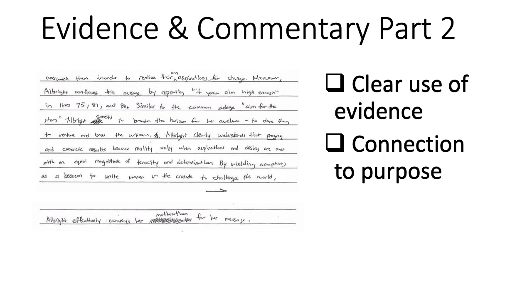"Albright clearly understands that progress and concrete results become reality only when aspirations and desires are met with an equal magnitude of tenacity and determination. By wielding anaphoras as a beacon to unite women in the crusade to challenge the world, Albright effectively conveys her motivation for her message." And so once again, before we even get to the evidence and commentary, Albright uses anaphoras. She wields them as a beacon to unite women in the crusade to change the world.